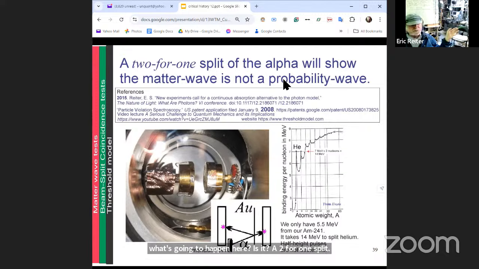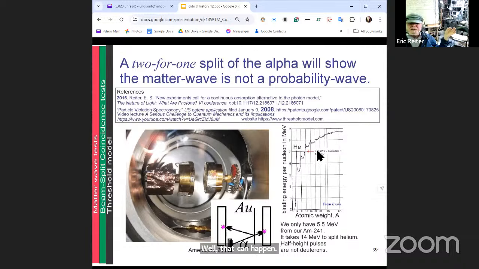If it is, it's not a probability wave. The probability wave would say it would go one way or the other, but not both. So we're testing that. What if we see half height pulses, like 2 deuterons, a split from helium? Well, that can happen, but it takes more kinetic energy.